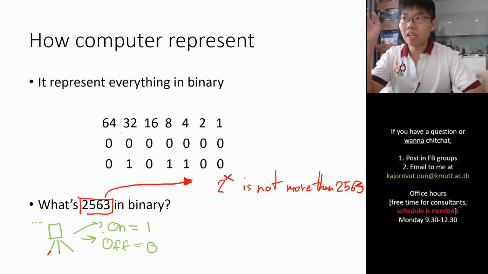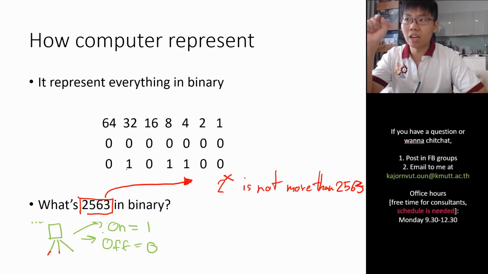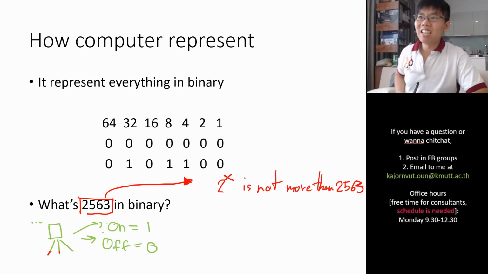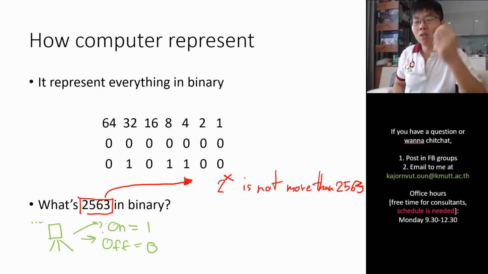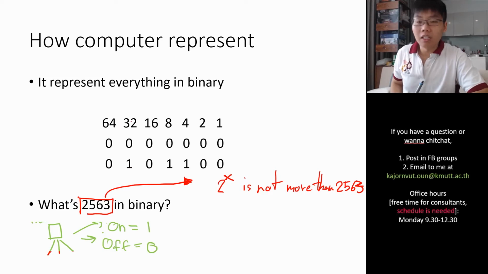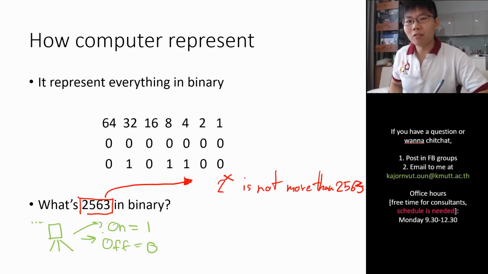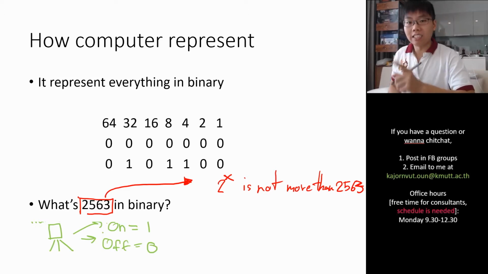Why? Because, as I said, each digit can be only 0 or 1. That means the value of that digit can be either 0 or the digit value itself, which is 2 to the power of x. Then if we find the closest power of 2 to 2563, it means you're going to find the first digit of this binary sequence.